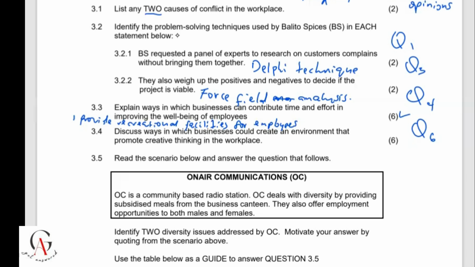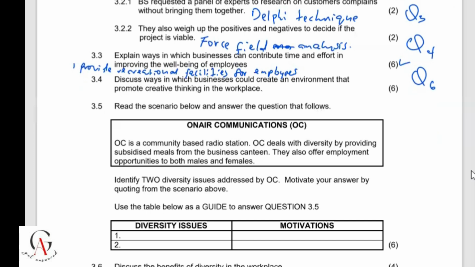And also we are saying that it allows flexible working hours to enhance productivity and also provide for employees' participation in decision making that affects them, and also pay fair bonuses based on business earnings as acknowledgement for hard work and commitment. Okay, right. So now let's move on to 3.4.